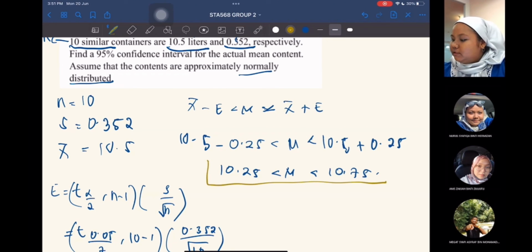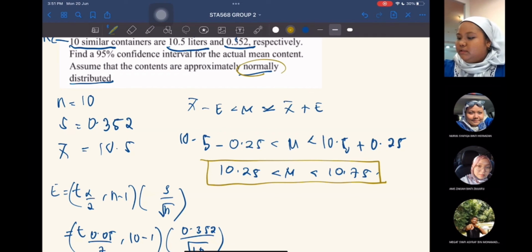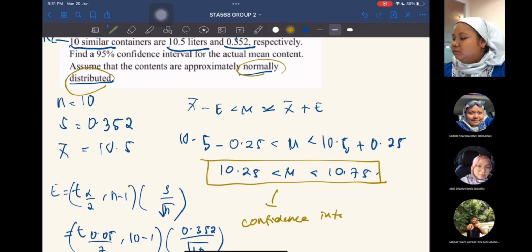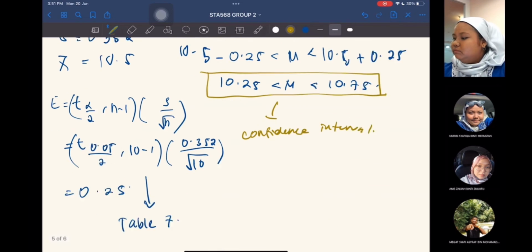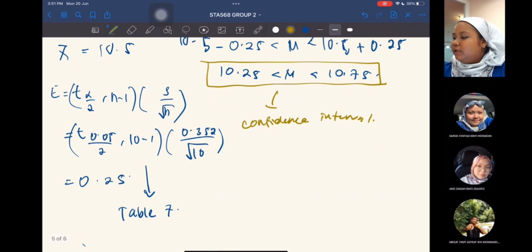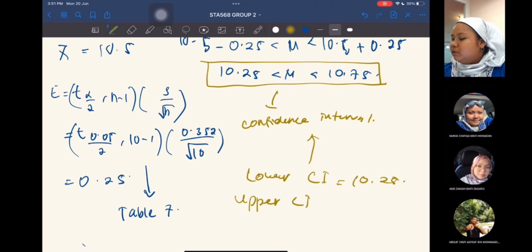This is our final answer because it only asks for approximately normally distributed. So this is our confidence interval. Or to understand it better, our lower CI, which is confidence interval, is 10.25 and upper CI is 10.75.